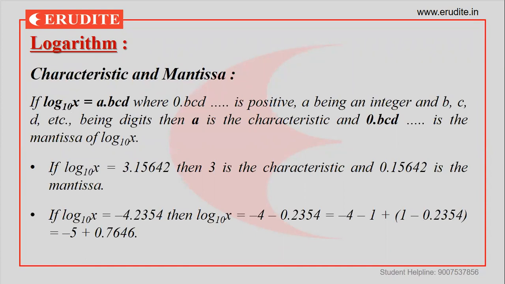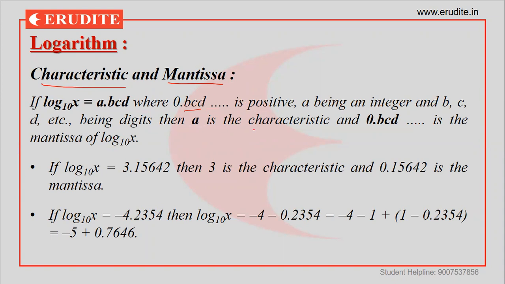Now next one, as per log: characteristics and mantissa. These are the two words used for the log part. Log of x to the base 10 is a point bcd, where a is an integer and bcd etc. are digits.